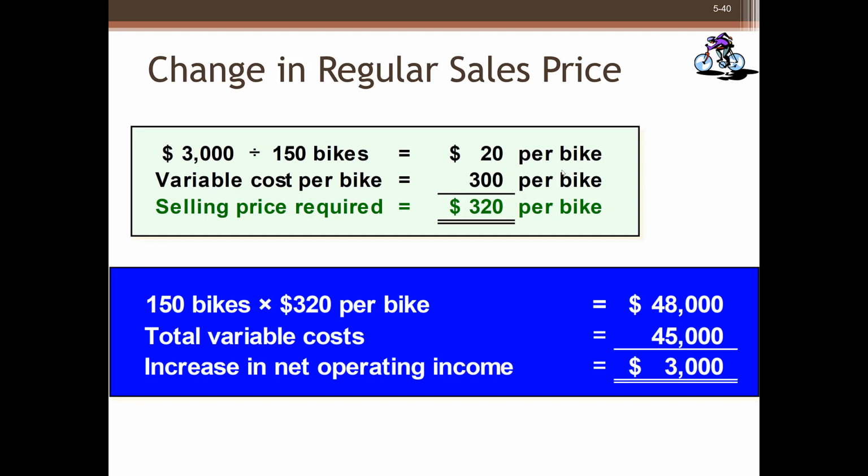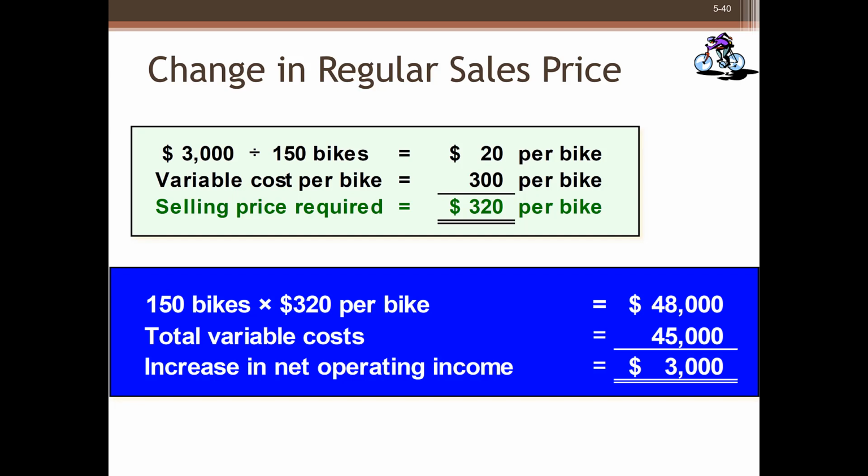For fixed expenses, no change, because this opportunity, it's one time, and there's no change in the cost structure. For variable cost per bike, 300. As long as the selling price is 320 per bike, then the company can increase monthly profit by 3,000.